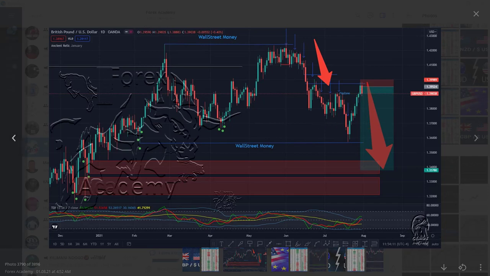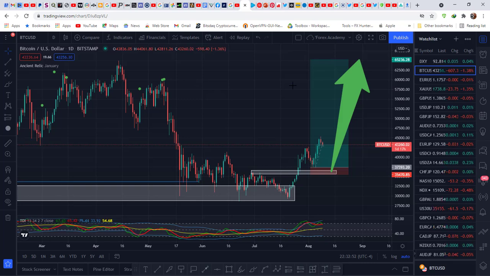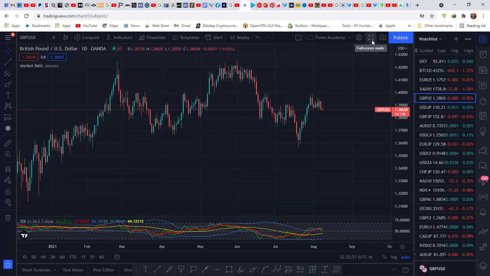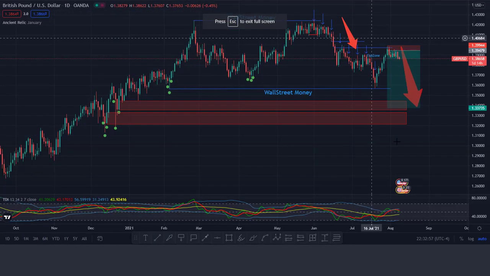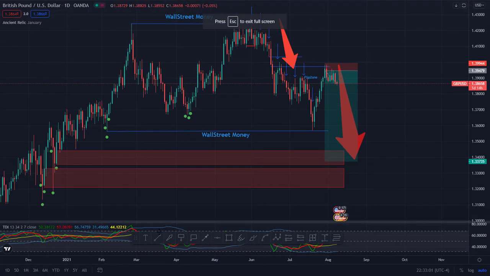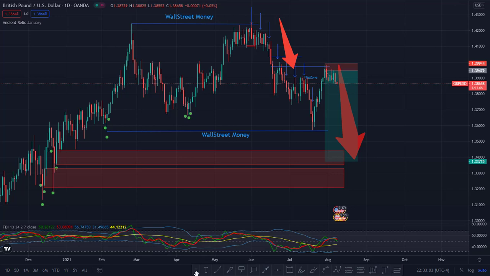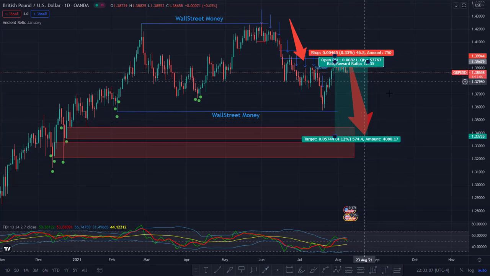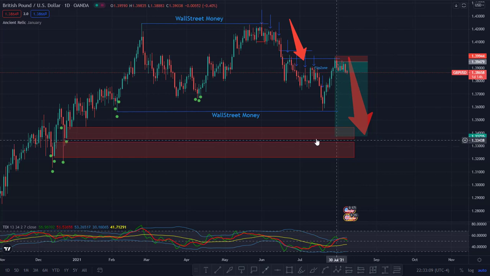And then if we go to GBP USD, here we are. If you are not in this trade, guys, you should also look for opportunities to take this trade, and we are going to target this Wall Street for this coming week.